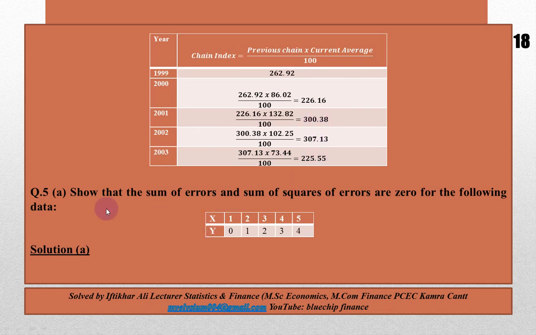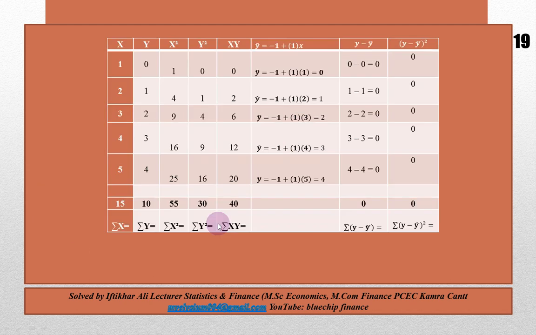In question number 5, A, show that the sum of errors and sum of squares of errors are 0 for the following data. So sum of error is y minus y hat, and sum of square of errors is y minus y hat square.